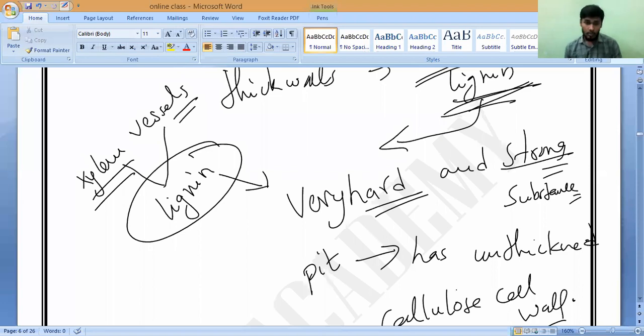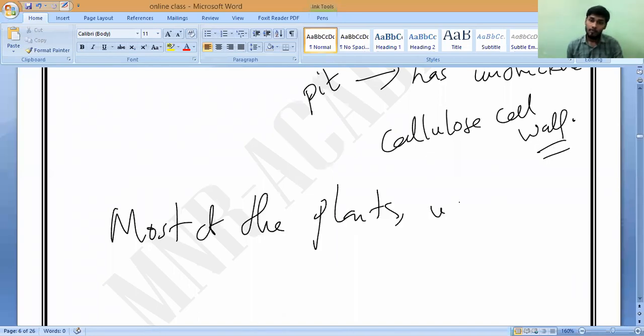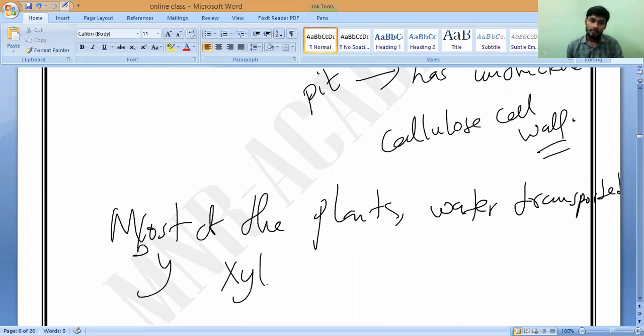Now, the last point you should remember: in most plants, water is transported by xylem vessels.